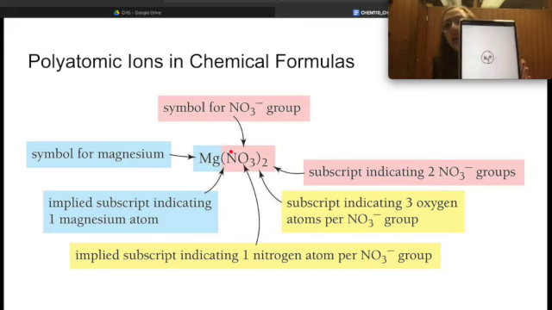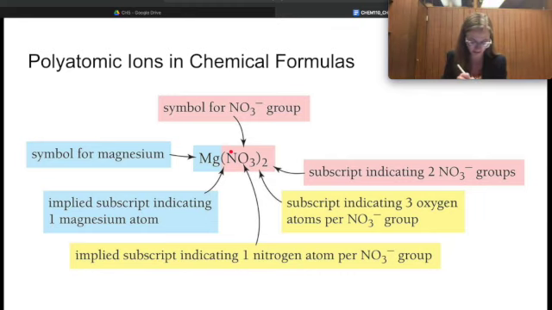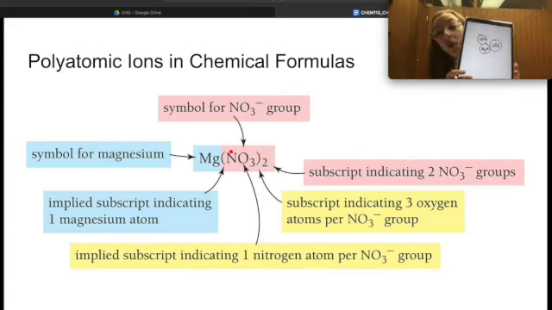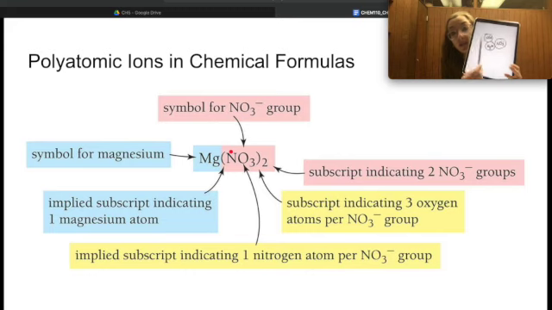And then what it's telling me is I have 2 NO3 groups. So this is kind of how we can consider it to look. Forgive me while I'm being bad at drawing circles. So this might be how it would look for us. So what that's saying is that we have 2 whole NO3 groups with our 1 magnesium ion. So the subscript 2 with the parentheses tells us that we have these 2 NO3 groups. So that means I have 2 entire copies of my nitrate ion, okay?